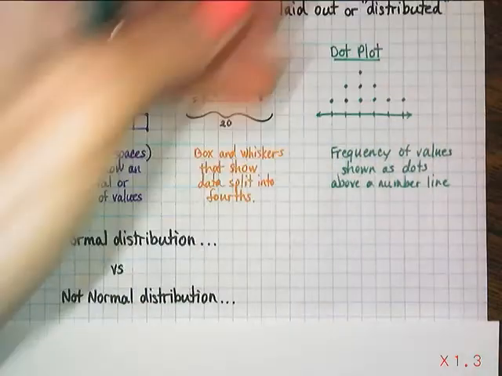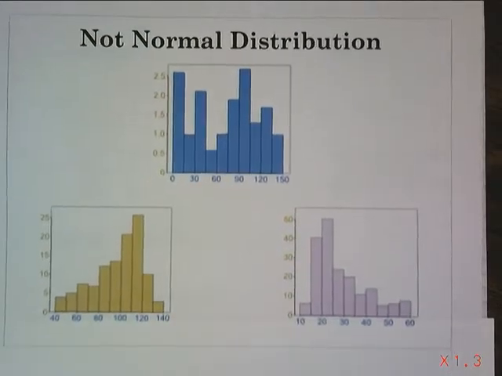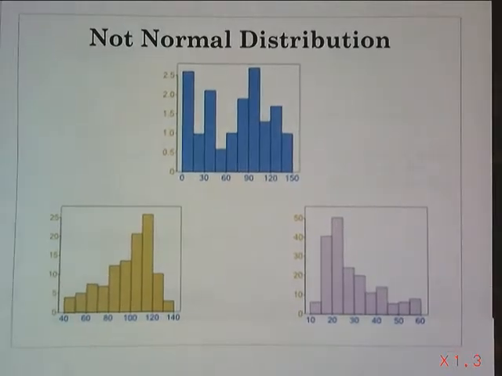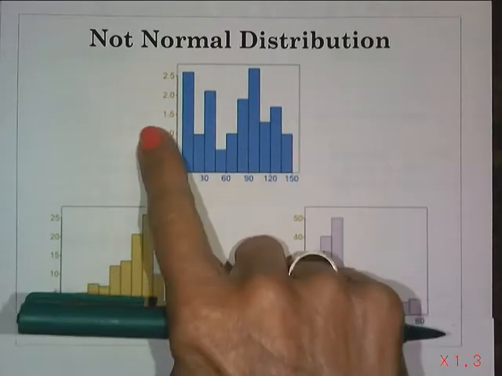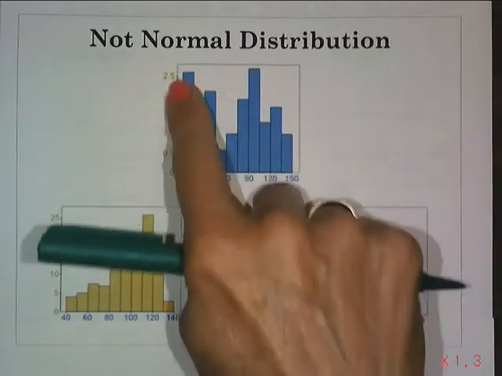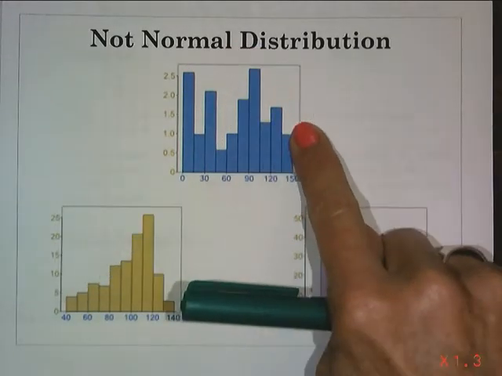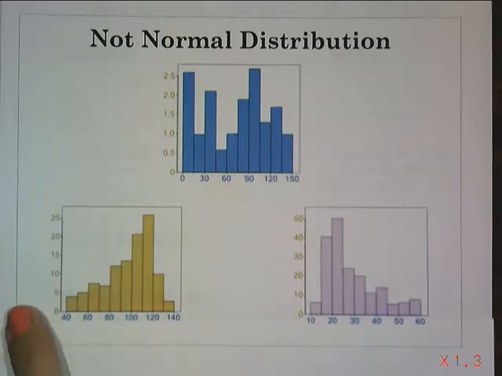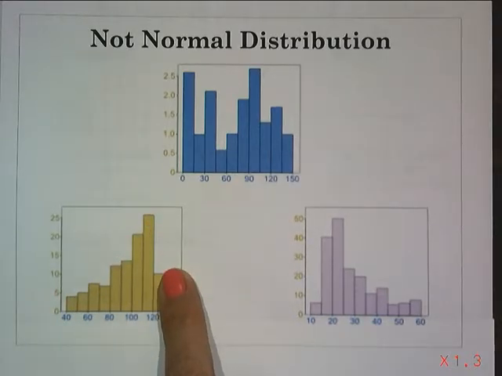Something that isn't normal, not normal looking, with respect to histograms would be something like these. Notice how these bars are not symmetrical. They kind of bounce up and down. It's tall at the beginning, then dips down, gets tall again like that. This one over here starts kind of low, gets tall towards the end, and then just drops off very quickly.